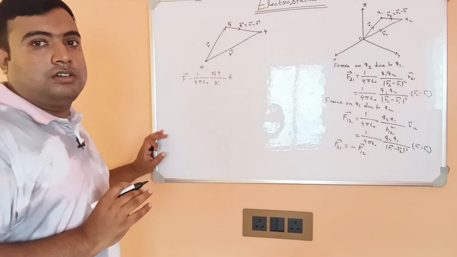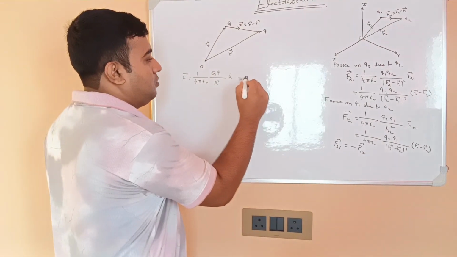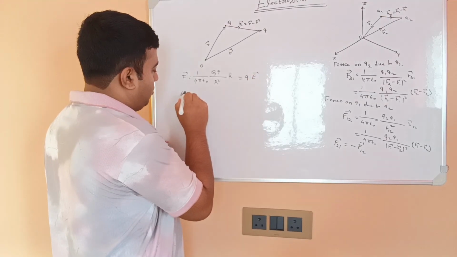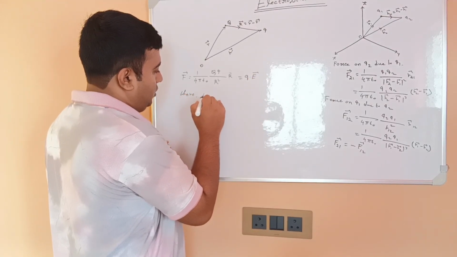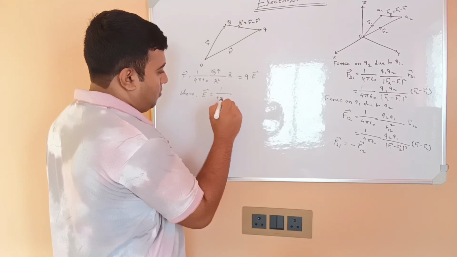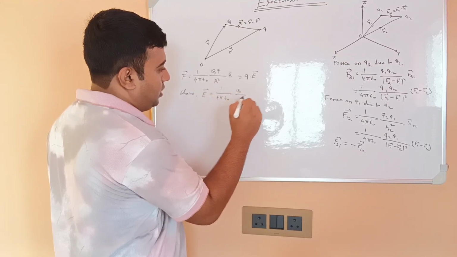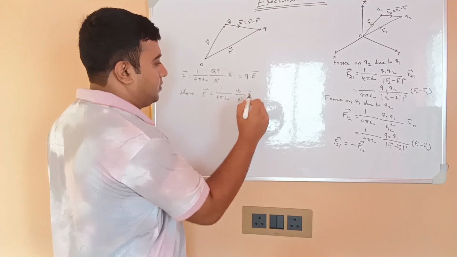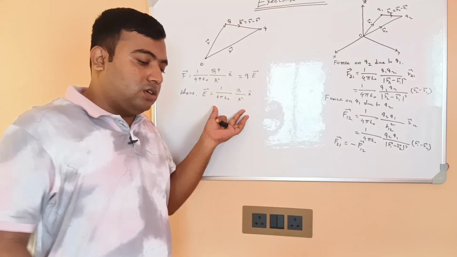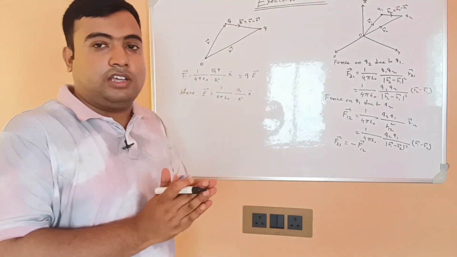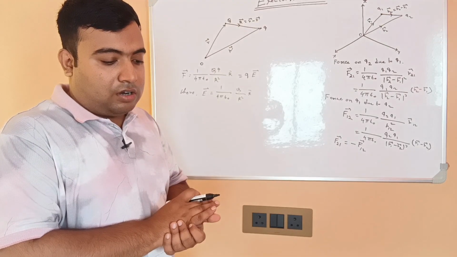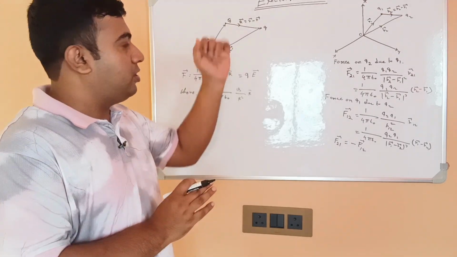We can write it as q into E, where E is 1 by 4 pi epsilon naught Q by R square into the R vector. So this is the force per unit charge at this point.